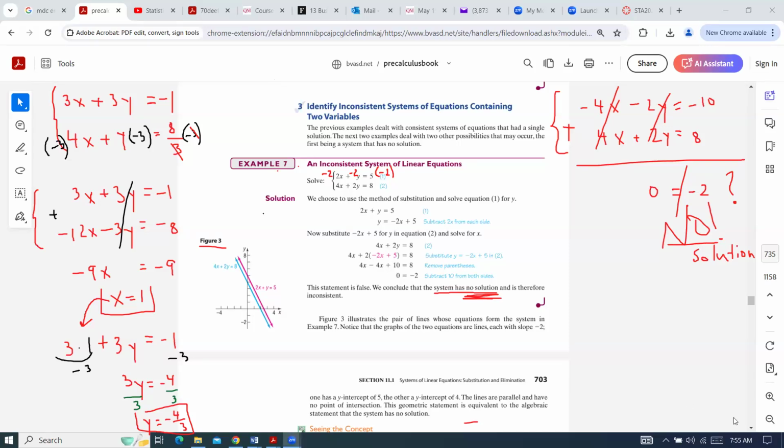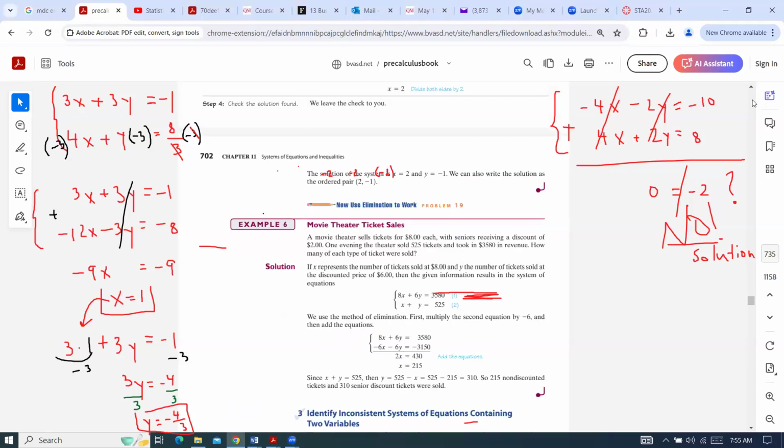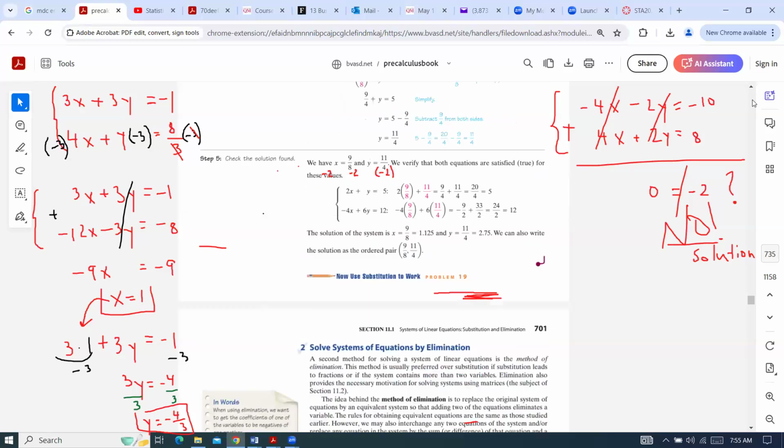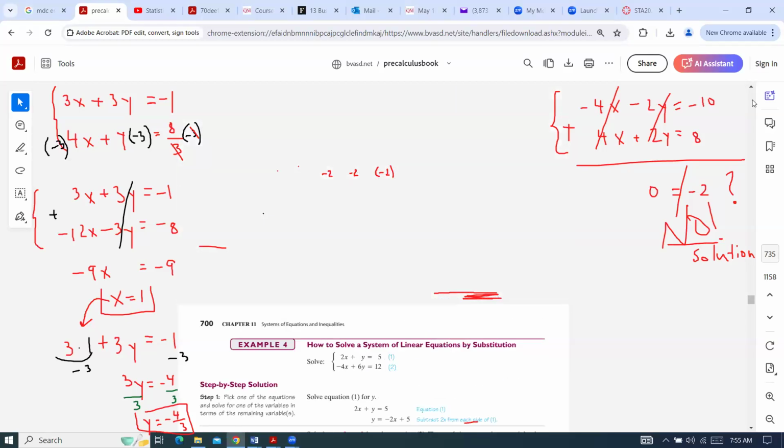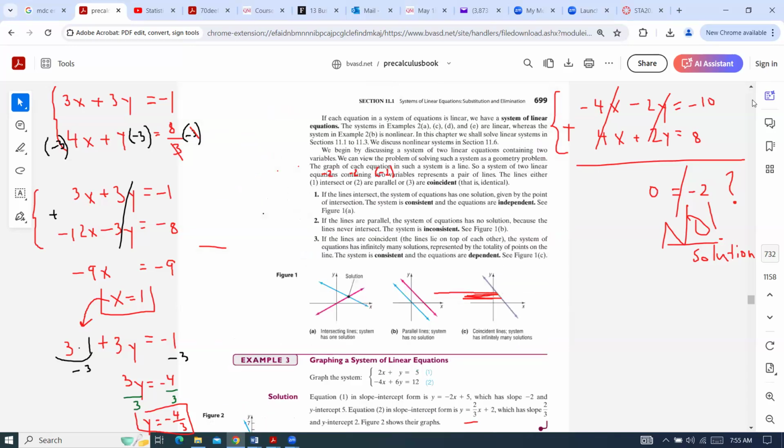Okay, so sometimes this thing happens. And sometimes another case appears, and they discuss it here. I think they made a nice set of pictures on figure 1. And it turns out there is a third possibility: the case when one line is exactly the same as the other line.